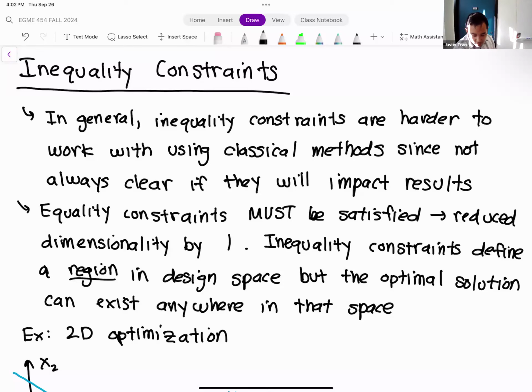The difficulty with inequality constraints is that they're not as restrictive as equality constraints. Often you can have a bunch of inequality constraints, but they don't actually simplify your problem at all. In fact, they make it a bit more difficult.